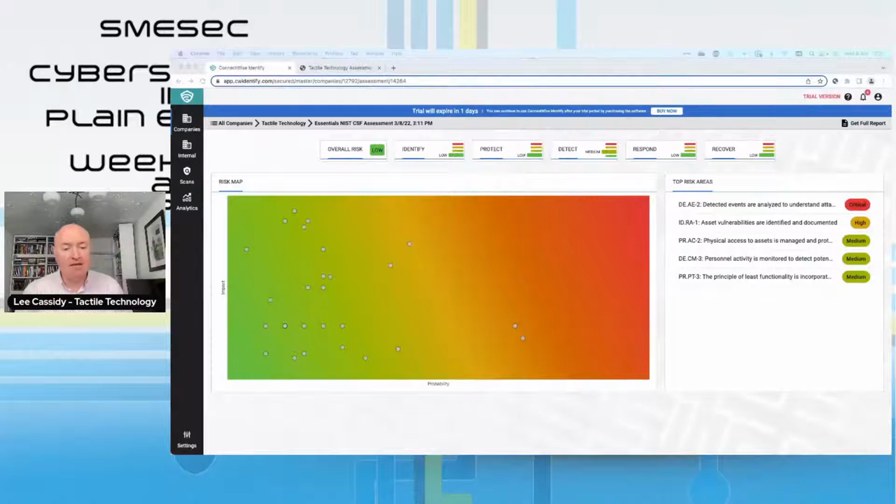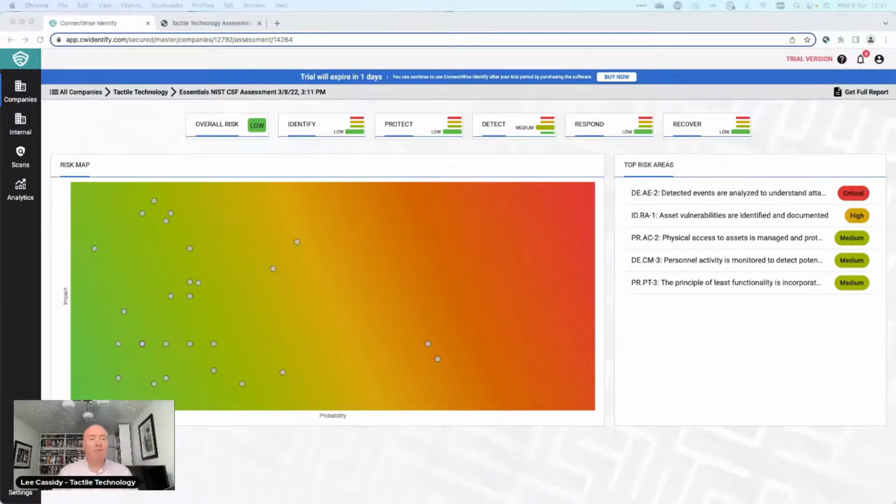So I'm going to share my screen, and we'll give you a look at what the actual risk assessment would look like. Once we've completed it, it breaks down the risk into these green areas, which are low, moving across into amber, where we're looking at medium risks, and eventually across into red, which are critical risks.